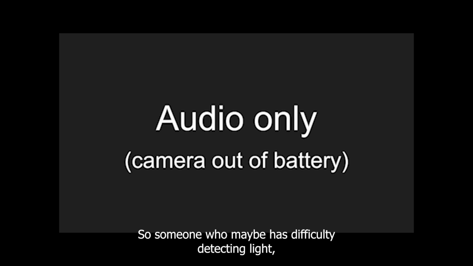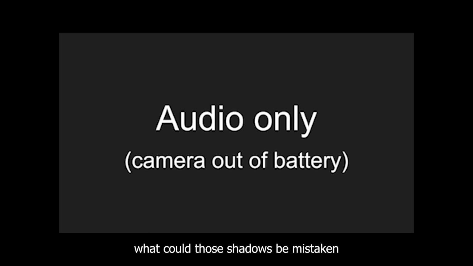I want to show that last picture. Okay, and then lastly on this slide, I'm showing an image and there's really big shadows across the sidewalk. So someone who maybe has difficulty detecting light, what could those shadows be mistaken for? Yeah, it could be a drop off.